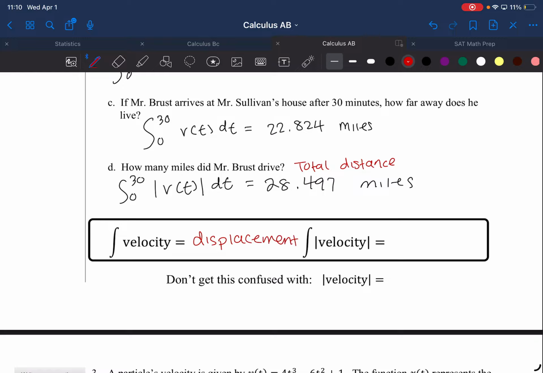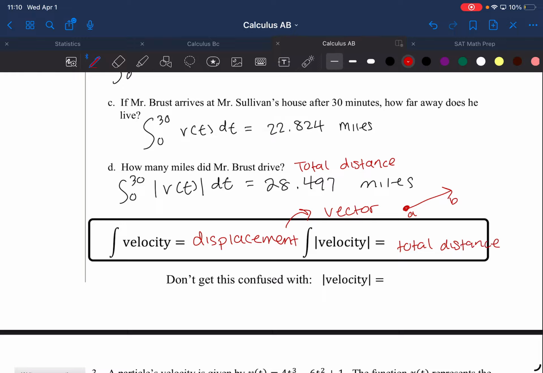Displacement is referring to a vector. And remember, a vector has a starting point and then it has a direction. So starting point A going in the direction of B. That is different than the integral of the absolute value of velocity, which is total distance.